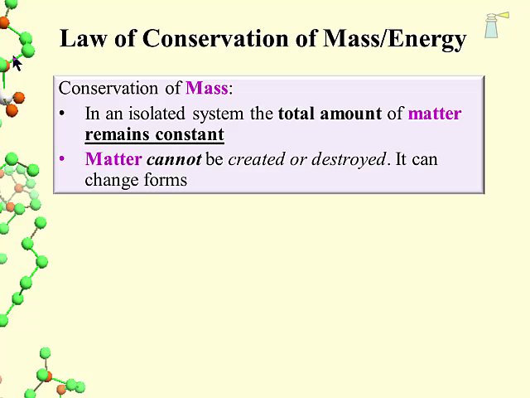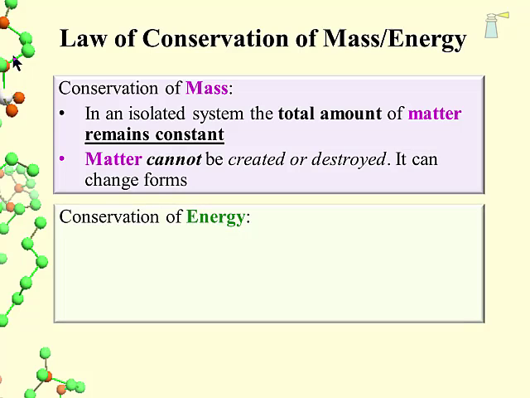It can change forms. We saw the hydrogens and oxygens change form and become water. No matter was created or destroyed. The importance of this law is that all matter must be accounted for in a chemical reaction. As such, the mass of the reactants must equal the mass of the products. That actually makes the process easier.